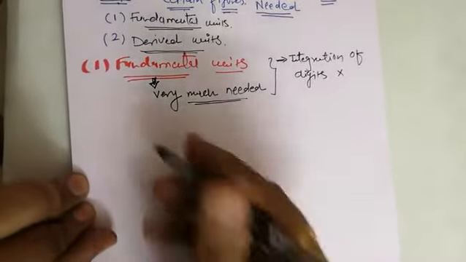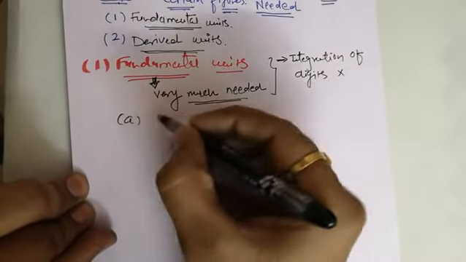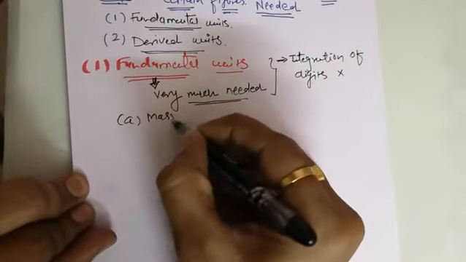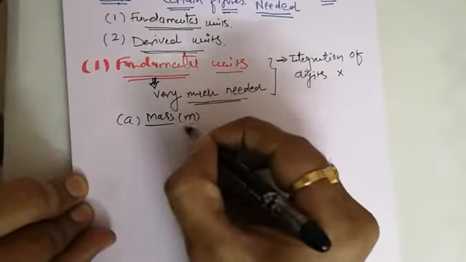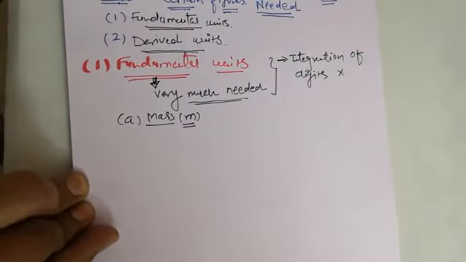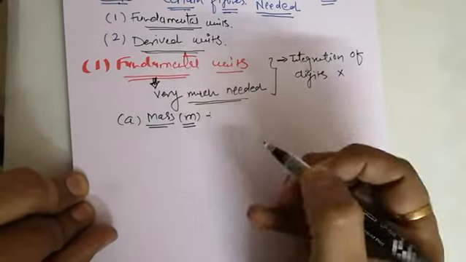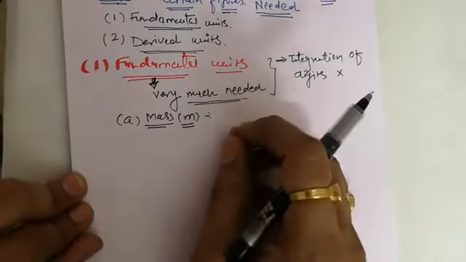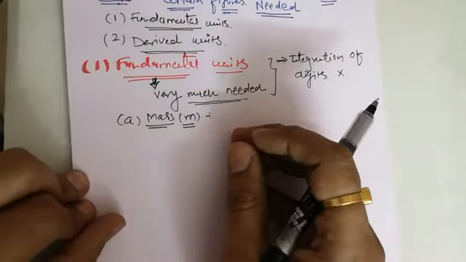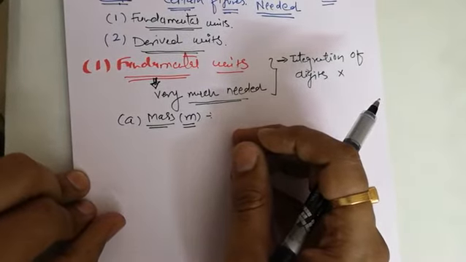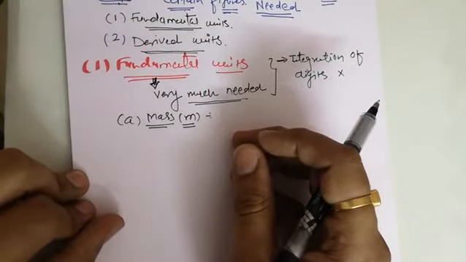In the fundamental units, the very first quantity is called mass. It is represented by the symbol small m. You are aware that on this earth everything contains some specific number called mass. When someone asks what your weight is, that is something different.